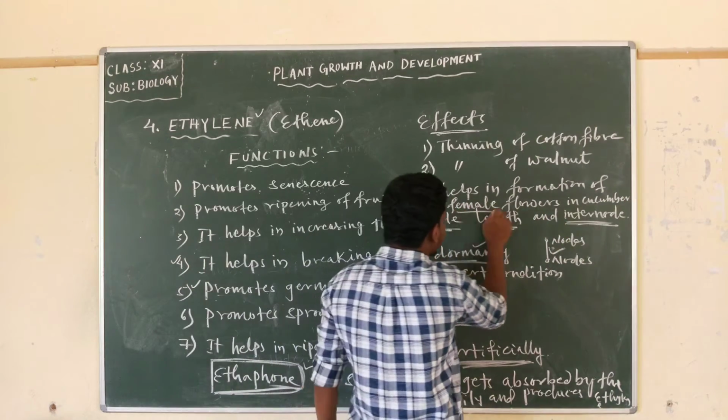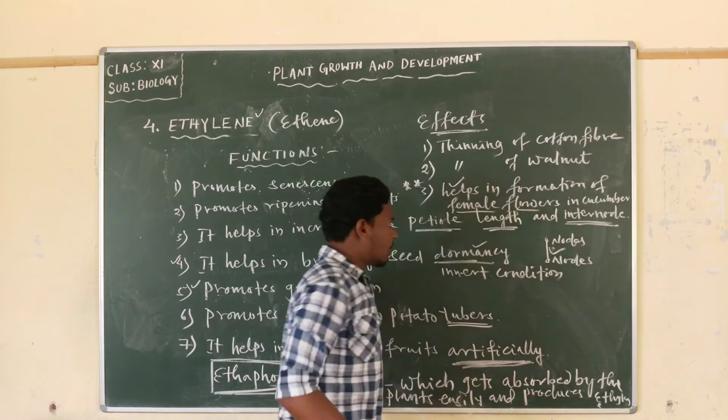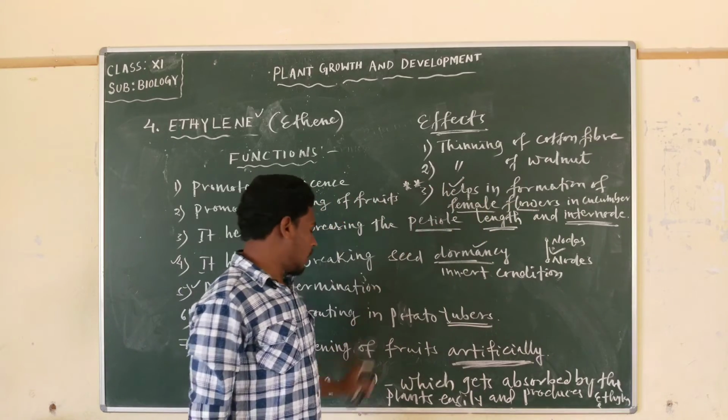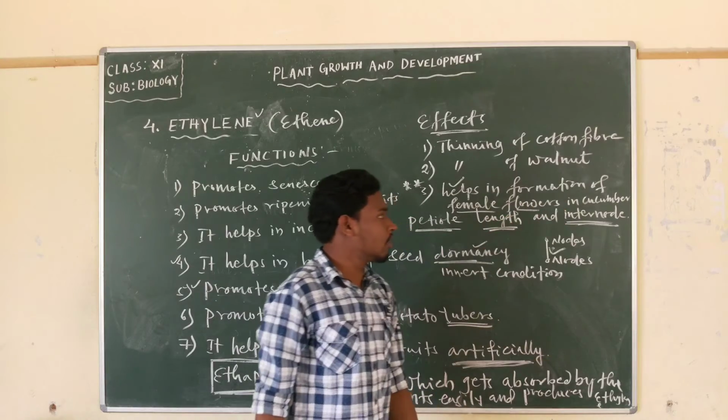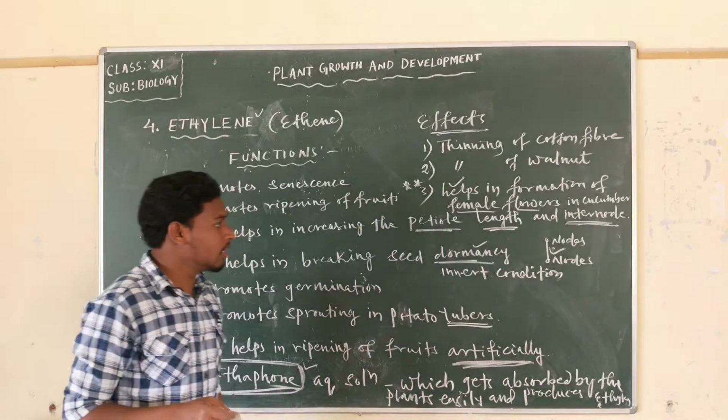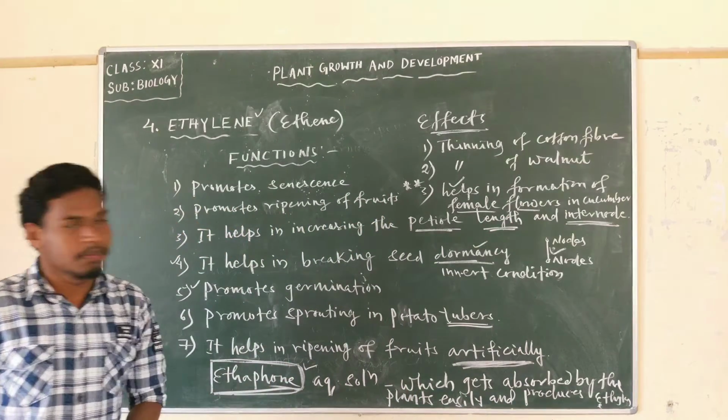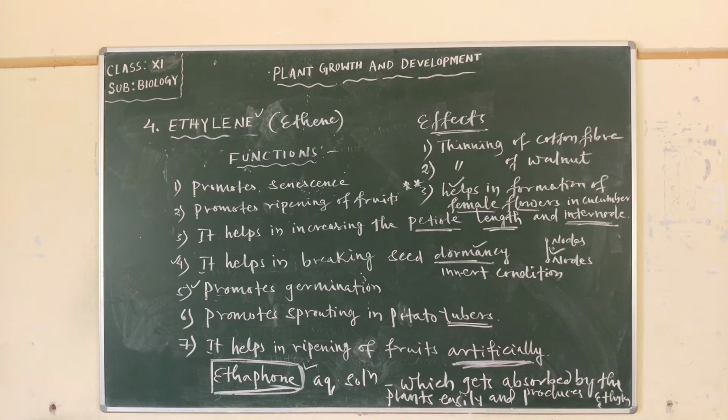The effect of ethaphone is the formation of only female flowers in cucumber. So these were the effects we need to keep in mind when we are talking about artificial ripening of fruits.